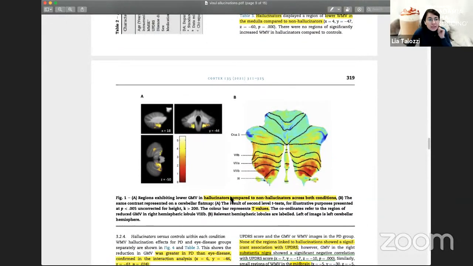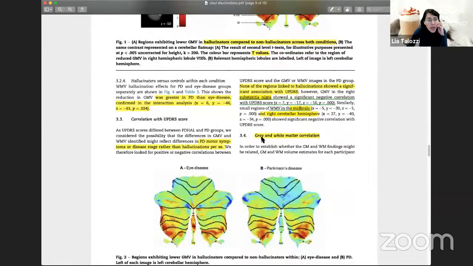And if you then split to the Parkinsonian and Charles-Bonnet, the difference was here in the crus one, where we have less gray matter in patients, and in particular more in the Parkinson's disease.